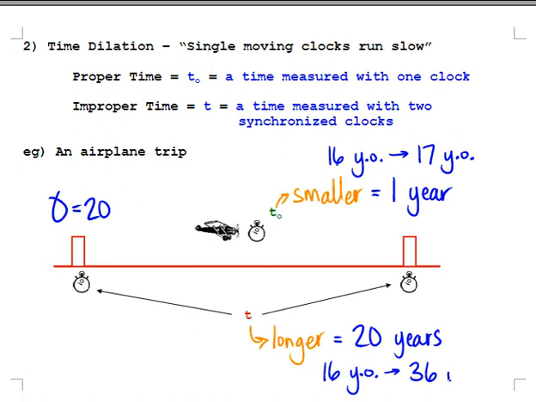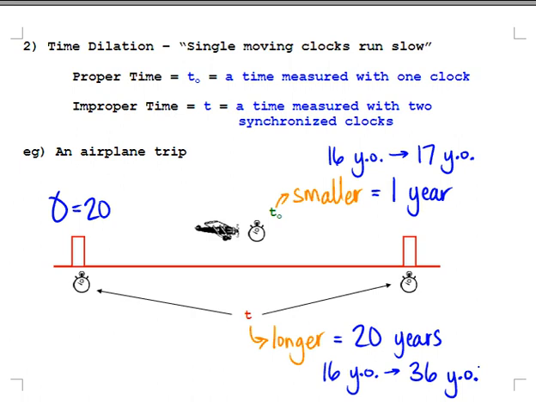You're like my age. You're 36. You are actually 36. You look 36. You have kids. You have a career. You maybe own a home because you are 36. 20 years worth of stuff has occurred, whereas for her, only 1 year worth of stuff has occurred.